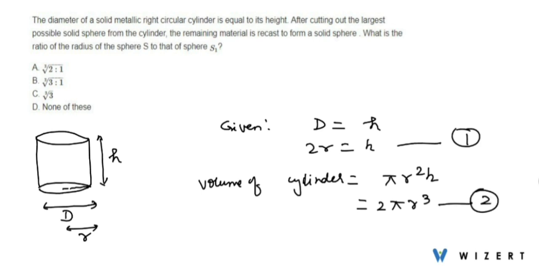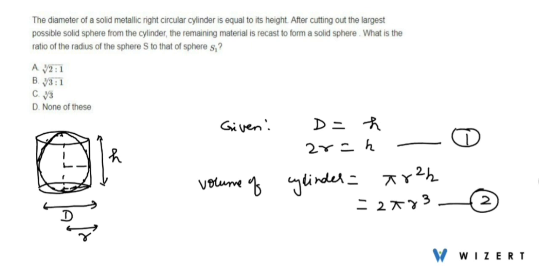Now what we have to do is cut out the largest possible solid sphere from this cylinder. So let's say this is our largest solid sphere cut out from this right circular cylinder. Then we can see clearly that the radius of this sphere is also the same small r.